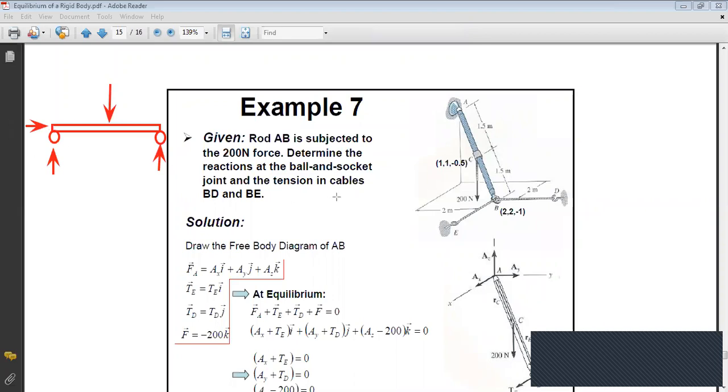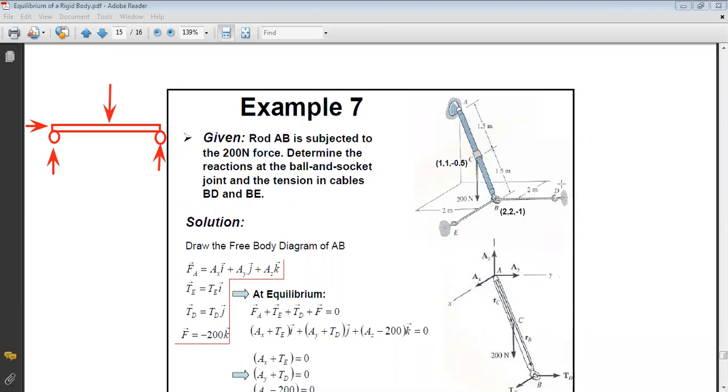In this example, rod AB is subjected to the 200 Newton force. Determine the reaction at the ball and socket joint and the tension in cables BD and BE. So as you can see in this figure, you have a member ABC. It's connected to 2 cables and connected to a reaction at A. And I told you that the reaction at A is a ball and socket joint.